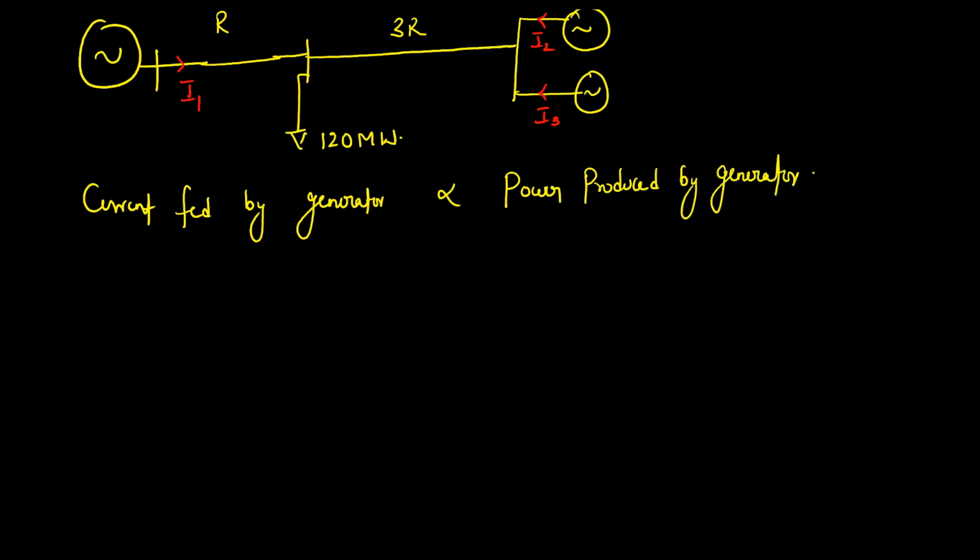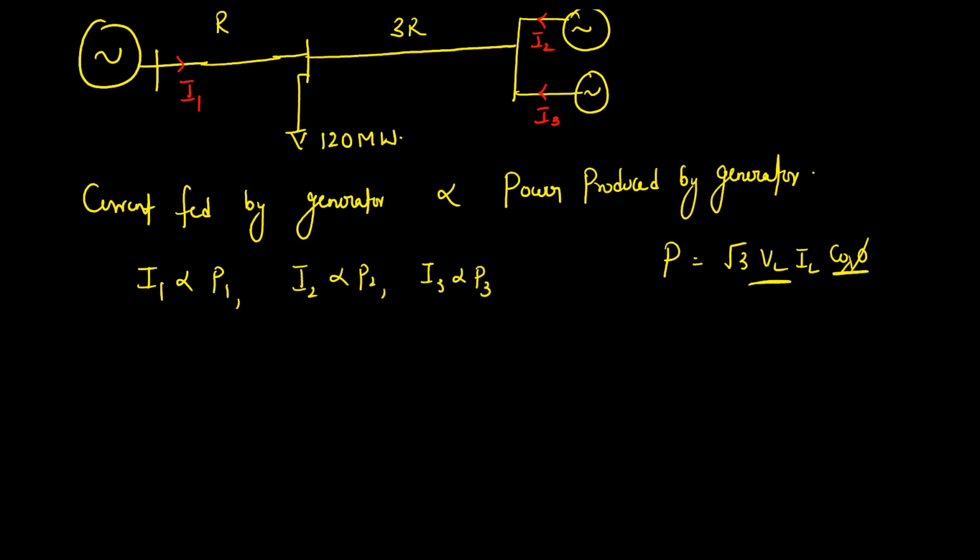The power produced by a generator is √3 VL IL cos phi. If you assume the system voltage, say 132 or 220 kV, is constant and the power factor is the same, then current is directly proportional to power. That implies I1 is proportional to P1, I2 to P2, and I3 to P3.